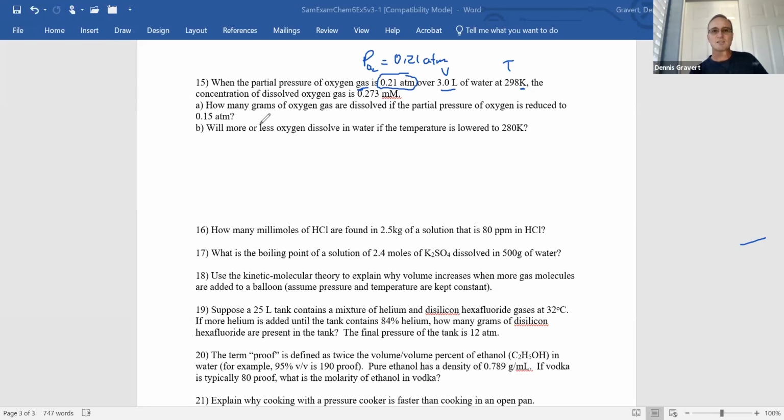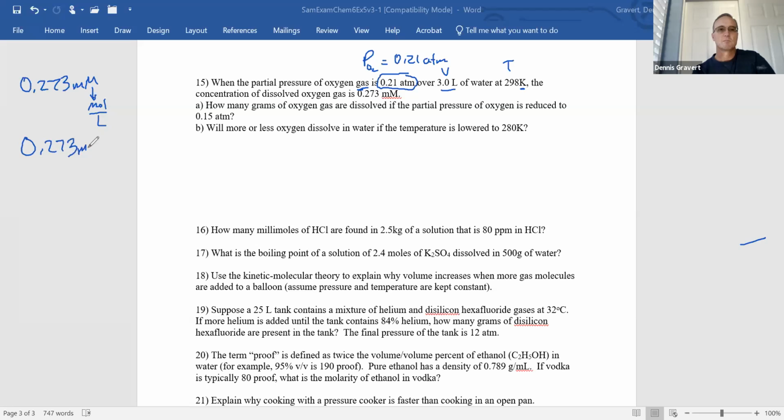And it turns out the concentration of dissolved gas is 0.273 mM. Okay, the capital M means molar. 0.273 millimolar. Well, remember the M means moles per liter.